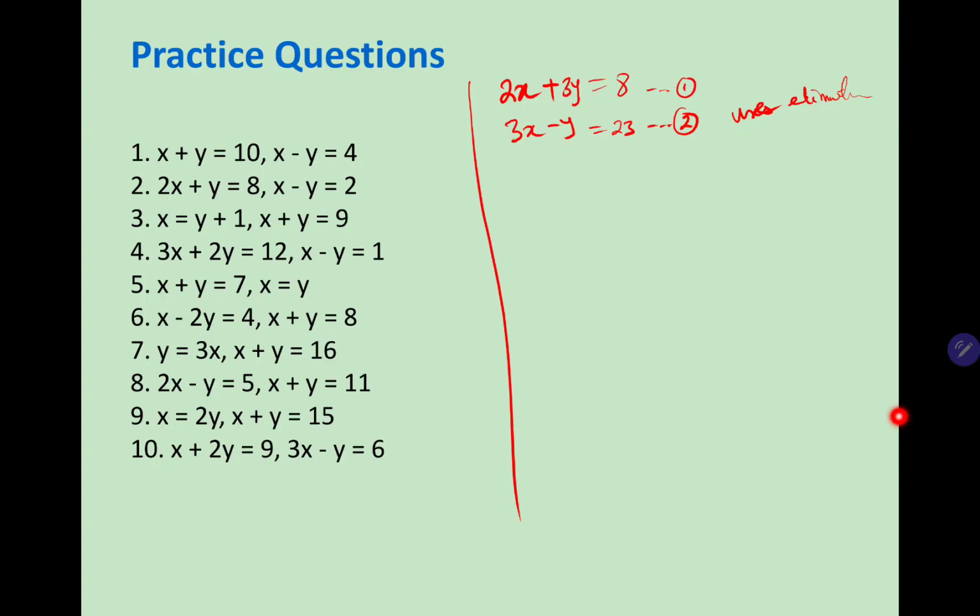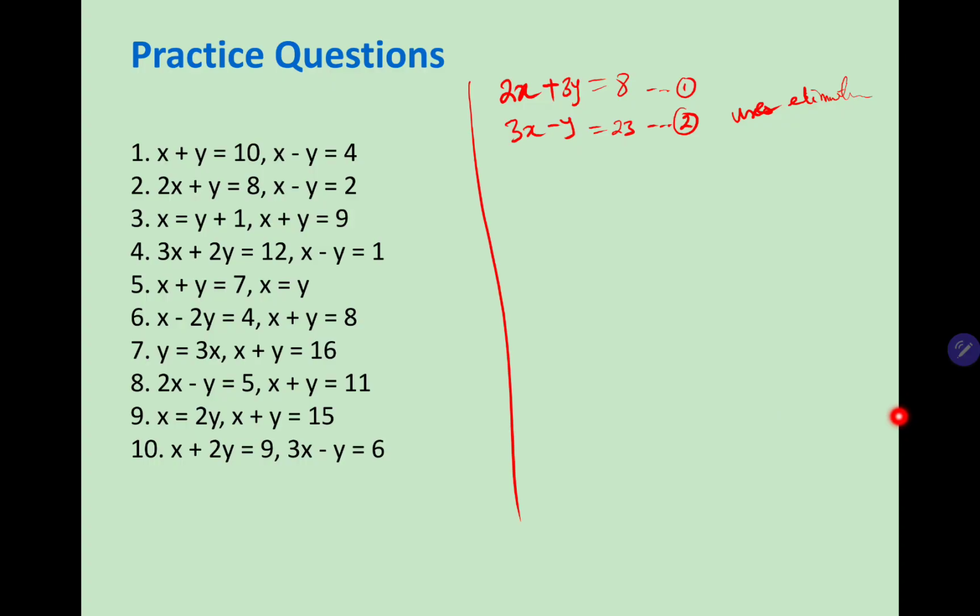Here the coefficient of x and the coefficient of y is greater than 1. In our previous examples, the coefficients of x and y were 1, so it didn't need much calculation or much elimination problem.